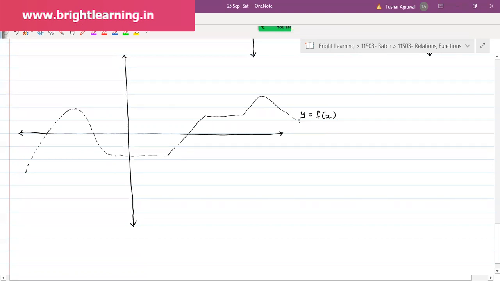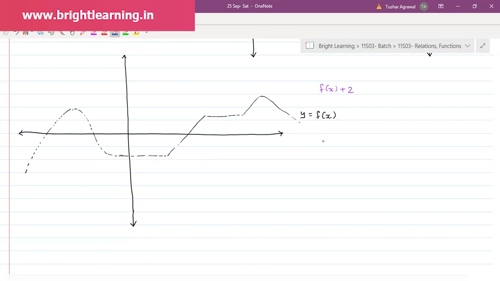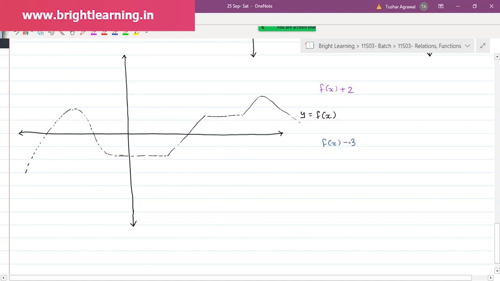So the graph of f of x plus 2 and the graph of f of x minus 3. f of x plus 2 will be, each and every point will be shifted 2 units upward. For x equal to this, the graph will be shifted 2 units upwards. Can I say that the graph will be something here? This point, whatever this point was, will be shifted 2 units upwards.